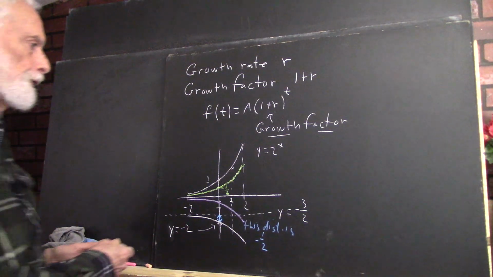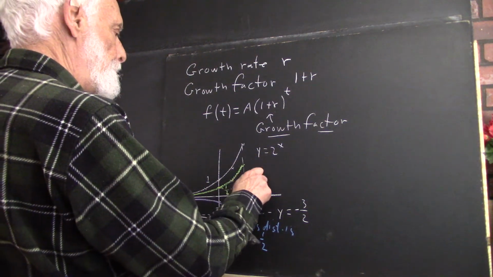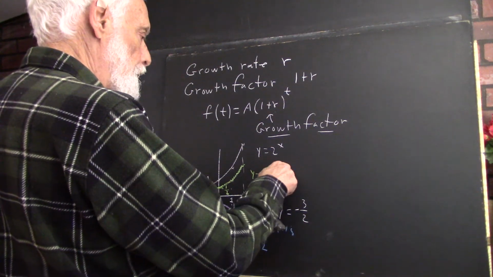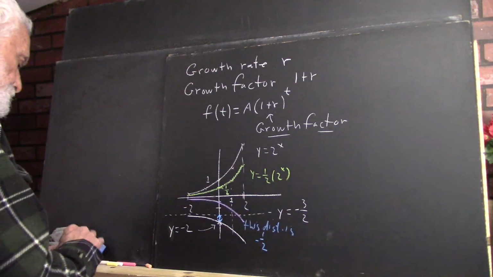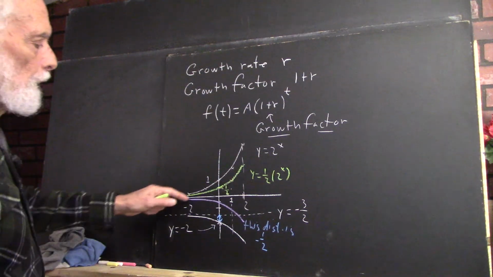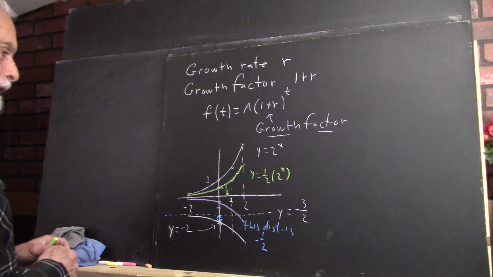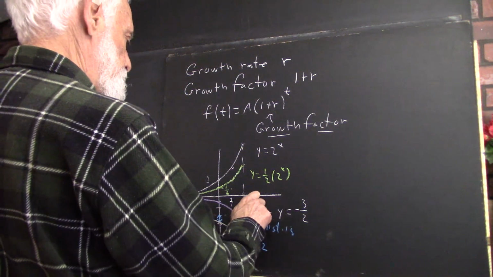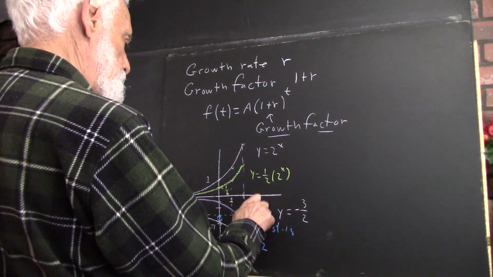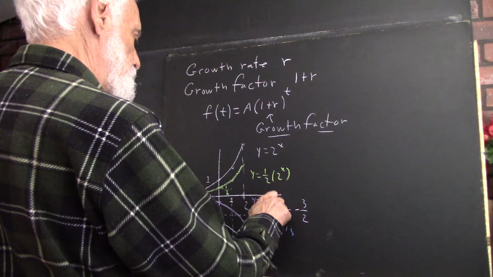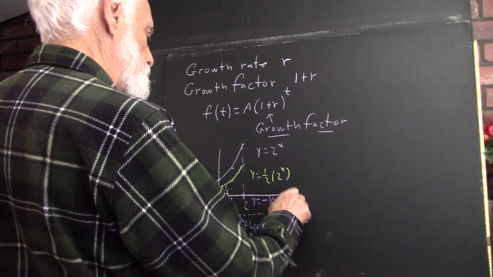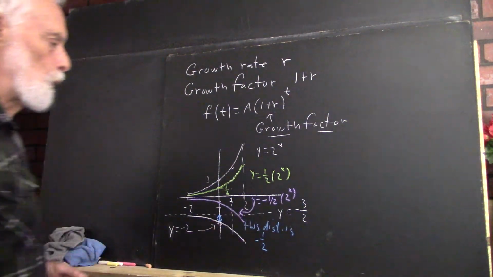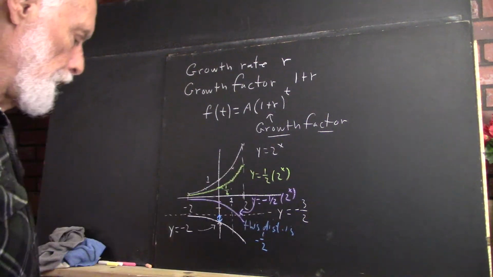The green graph is one-half of 2 to the x. The reciprocal graph is y equals negative 1/2 of 2 to the x.